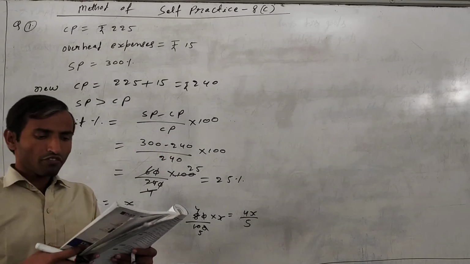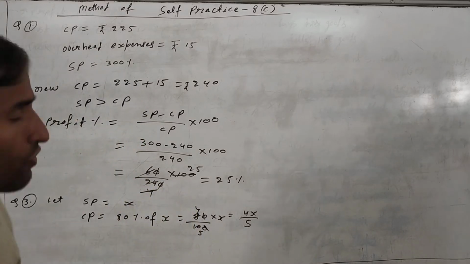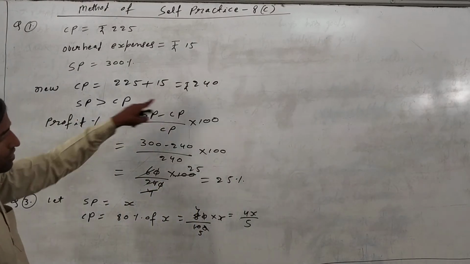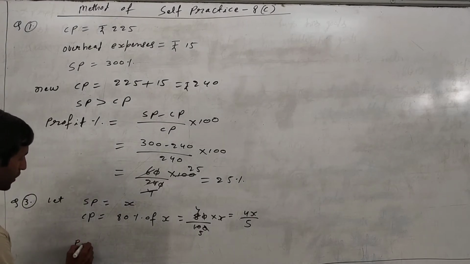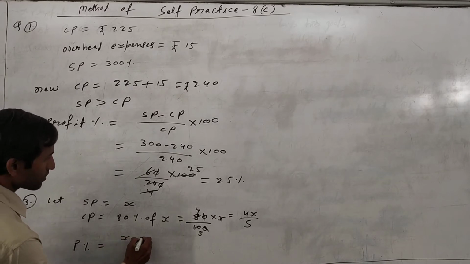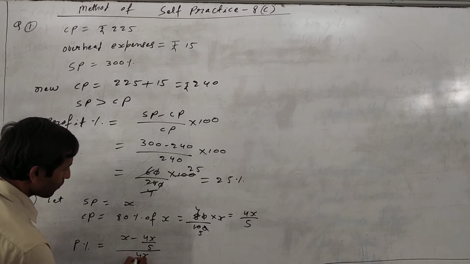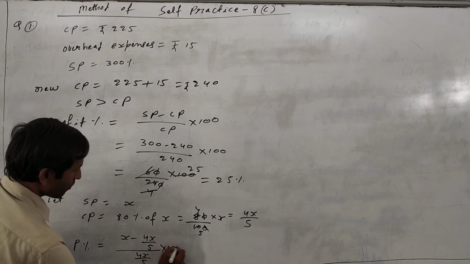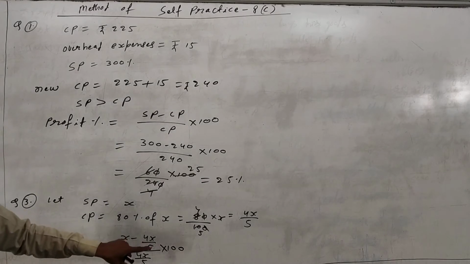After that we have to find profit percent. Again we use the same formula for profit. Profit percent is equal to SP minus CP, so X minus 4X upon 5, upon 4X upon 5 into 100. Be careful here because a variable is given.